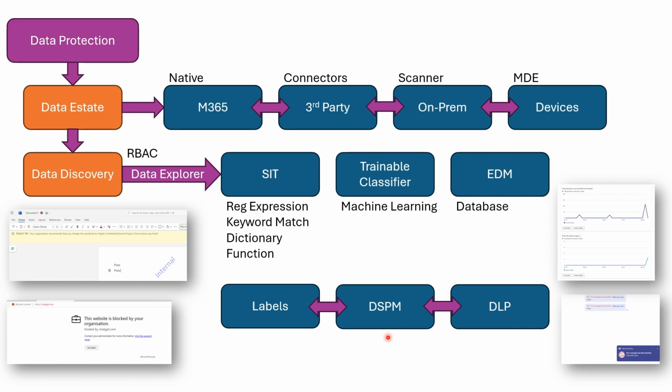We can view that telemetry by defining what's sensitive to us as an organisation through DSPM for AI. And then, of course, data loss prevention could be that we want to restrict people from, let's say, copying and pasting this sensitive information type from my device to a USB peripheral, or even better, copying and pasting this sensitive information type from my device to a generative AI website. Okay, there's a few options around that, and it's the art of the possible.